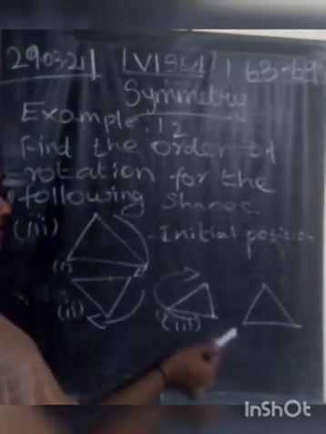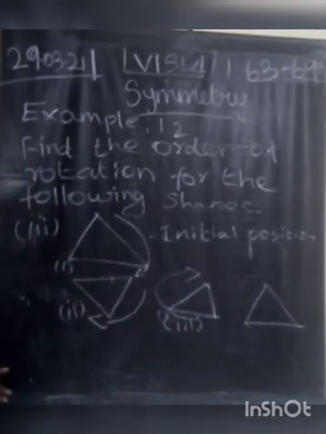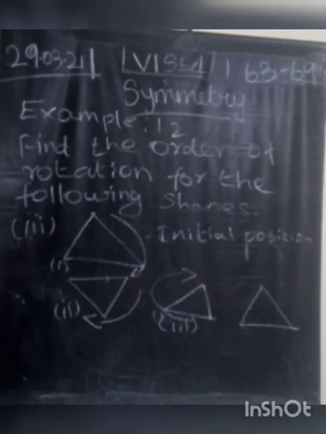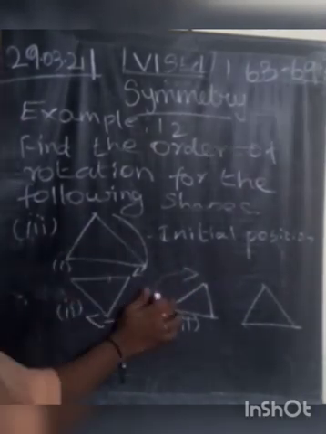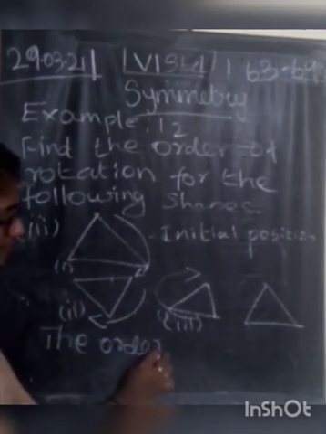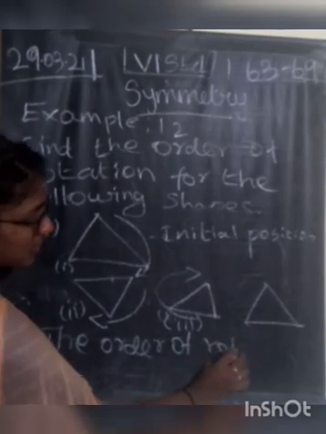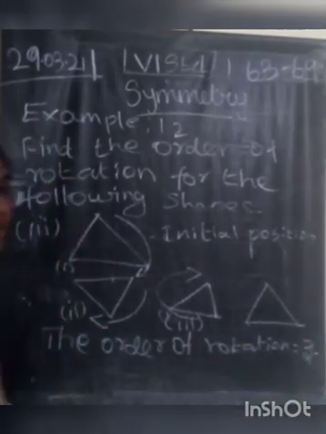The new position is the same as the initial position. So how many rotations have we used? 1, 2, 3. So the order of rotation is equal to 3.